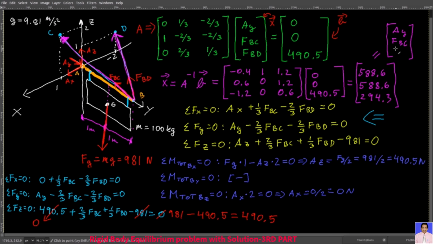Then you have FBC, the tension in this cable from B to C, that's also 588.6 newtons. And the final element is FBD, the tension in this cable from B to D, and that's 294.3 newtons. And there you go. You have your reaction forces and the tension in the cables.